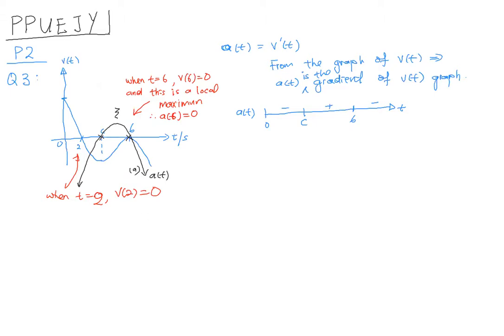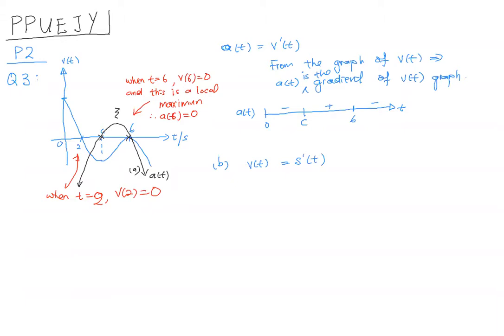Okay, now let's go to part B. They say that from the three graphs shown below, which graph best describes the displacement? So we know that for part B, VT is S prime T. Am I right?